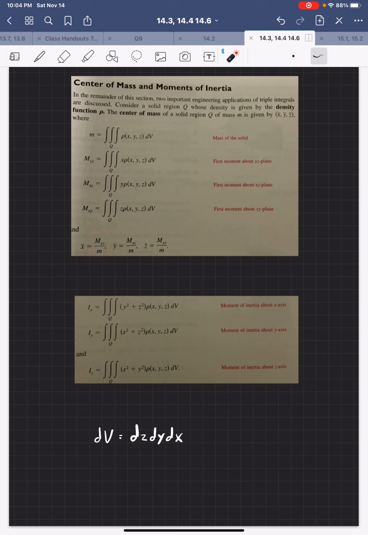Now, an application where triple integrals are often used, in engineering and physics, deals with moments of inertia, or the second moments. And it goes a little something like this.